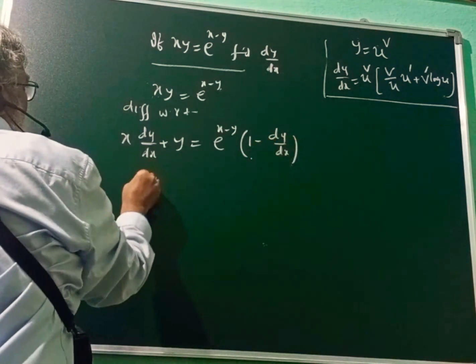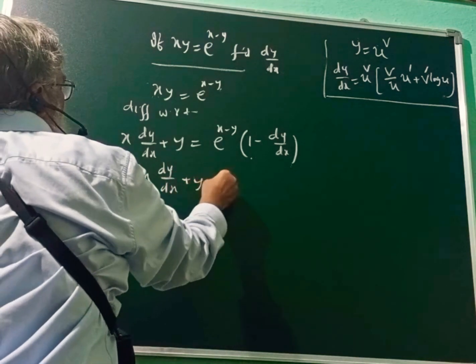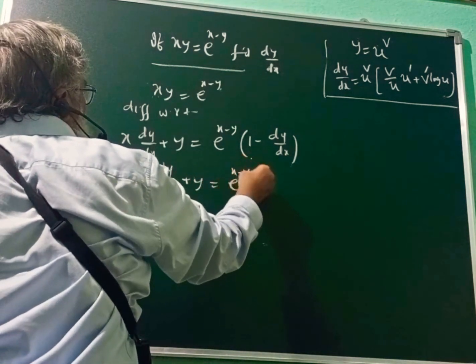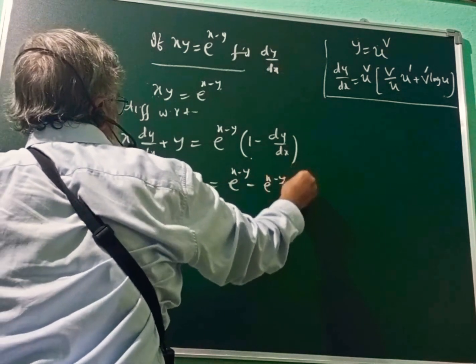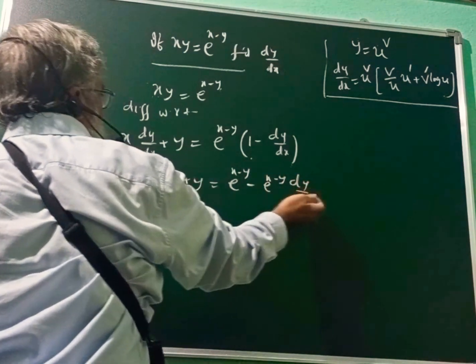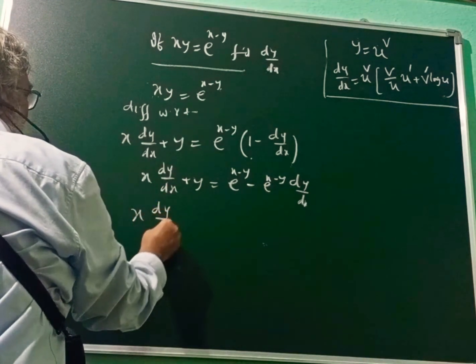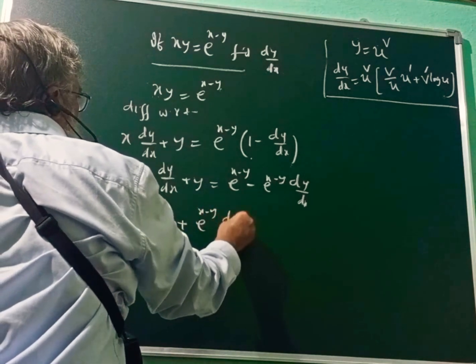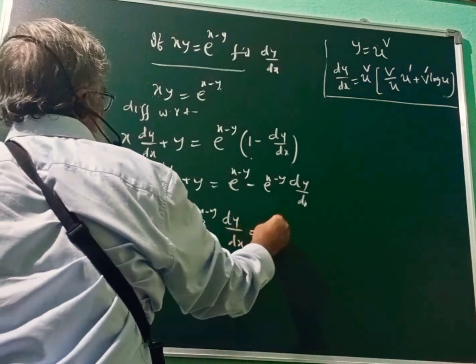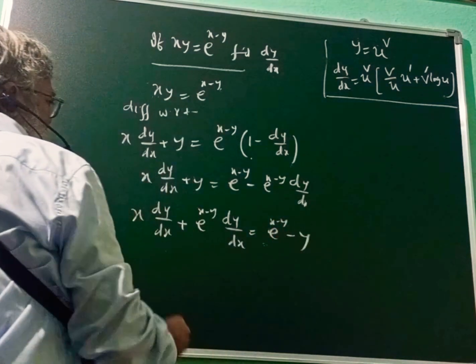That is x into dy by dx plus y is equal to e raised to x minus y minus e raised to x minus y into dy by dx. Take to that side, x into dy by dx plus e raised to x minus y into dy by dx is equal to e raised to x minus y minus y.